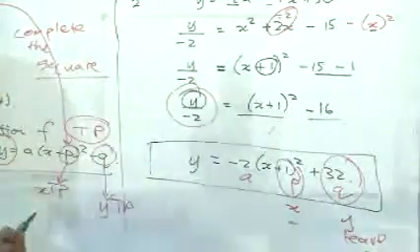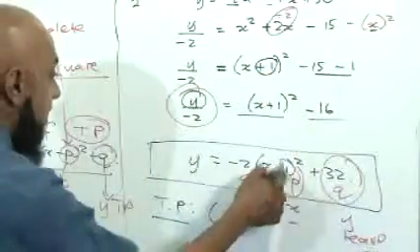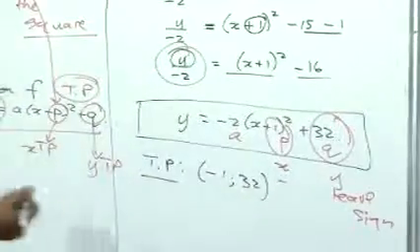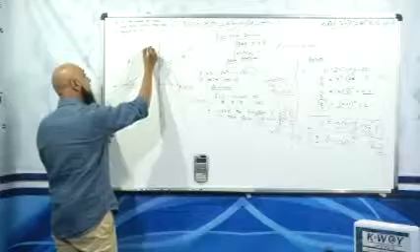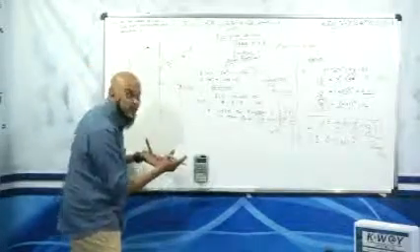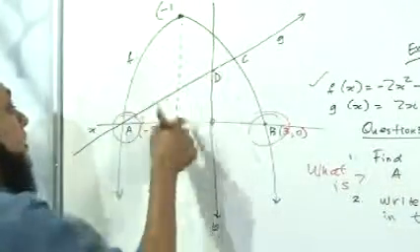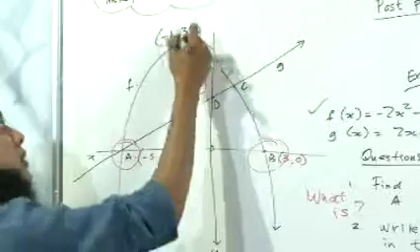So if they had to ask you what is your turning point, you can now just say plus 1 becomes minus 1 and plus 32 remains plus 32. Not that they asked us, but if they had to ask us, the turning point would be negative 1 on my x, which is correct, and plus 32, which is also correct.